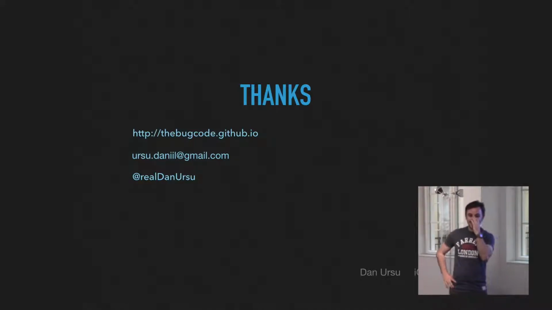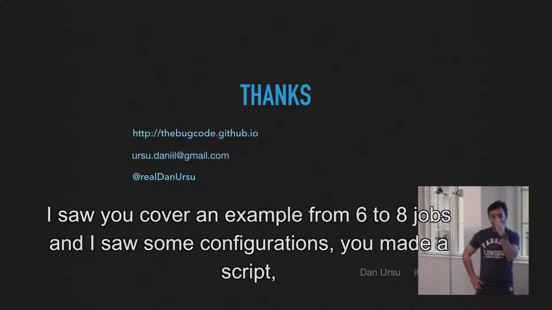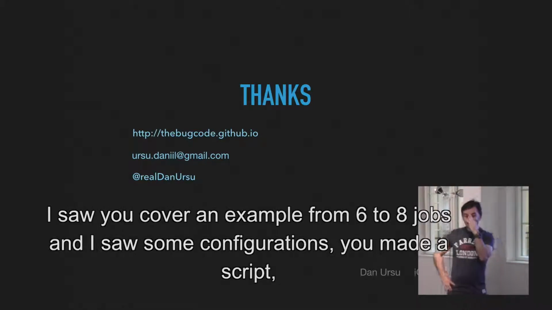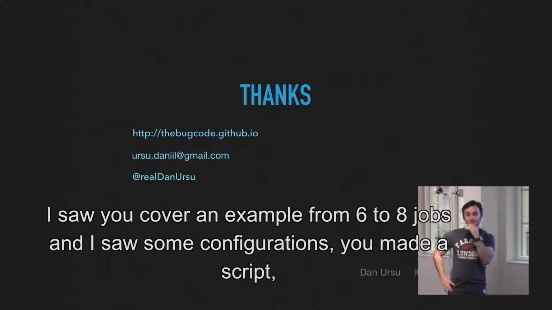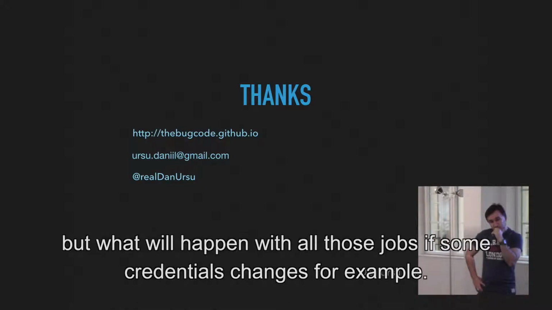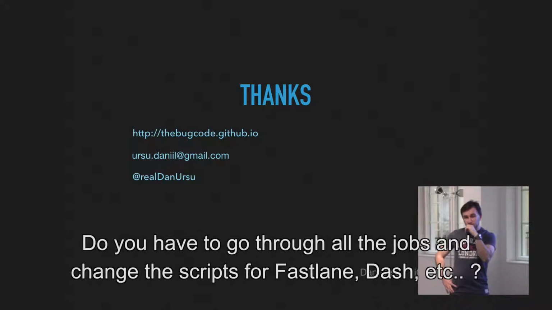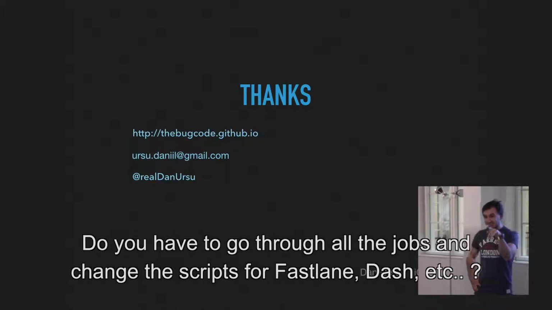I saw you have an example with 6 to 8 jobs, and I saw some configurations you made in the script. But what will happen if you decide to change all those jobs, for instance, if some credentials changed? You should go through all the jobs and change the script, for instance, just Fastlane dash change something.